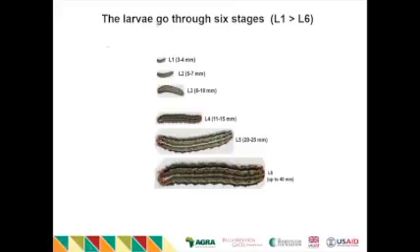After those larvae migrate to the whorl of the plant, they start feeding there, and then they go through 6 different stages. The newly hatched larvae are very small and we hardly see them if we don't pay detailed attention. But they go from the first stage to the large larvae, which we are all familiar with, in a matter of 14 to 20 days.